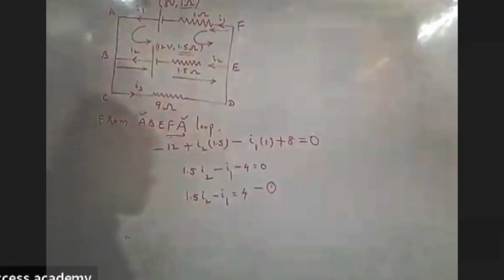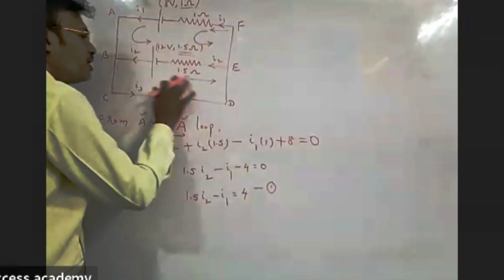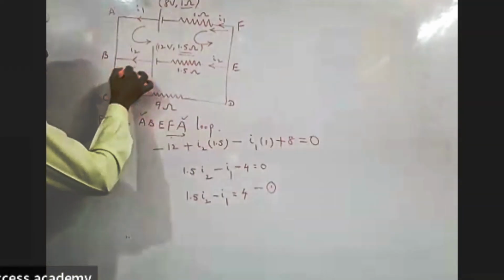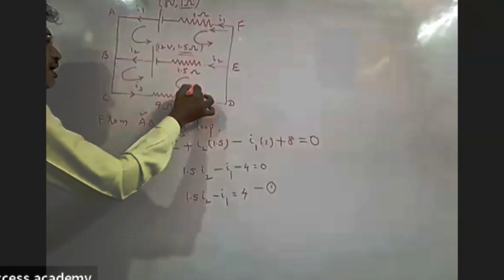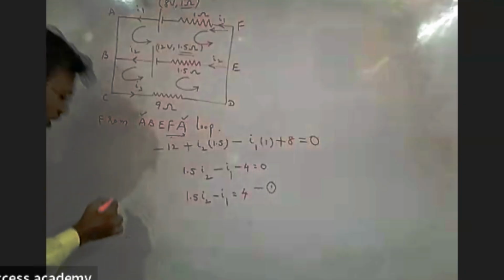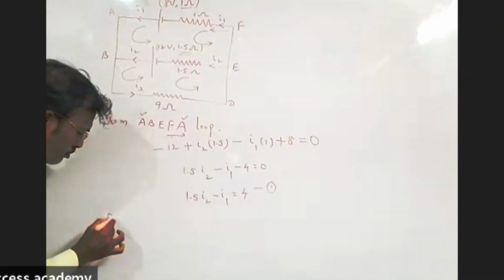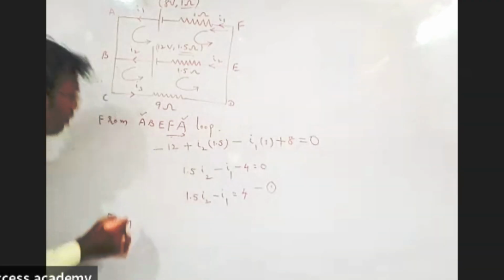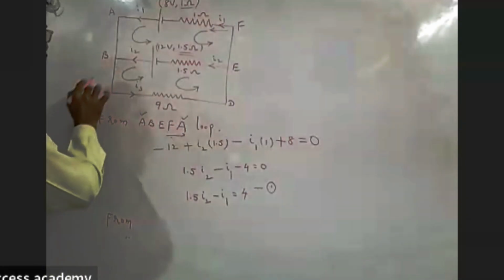In the same way, I am taking another loop. See here, that loop is like this, again in the anti-clockwise direction. Are you getting the point? So from where to where do we need to move?